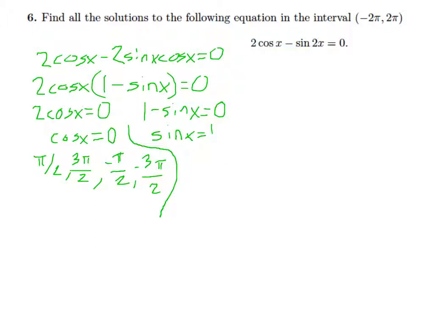So let's go over and take a look at our sine of x equals 1 and find out where that works on this interval. So we know sine of x equals 1 when we're along the y-axis on a unit circle in between the first and second quadrants at pi over 2. We're going to keep going around the unit circle. We hit 3 pi over 2, but that's going to give us a negative 1, so that's not an answer.